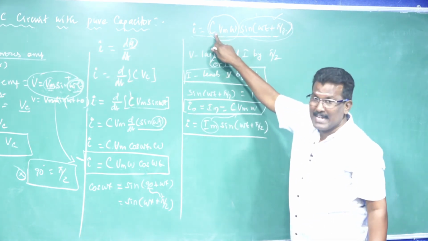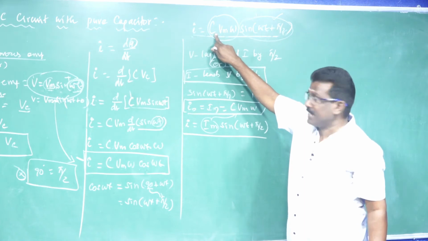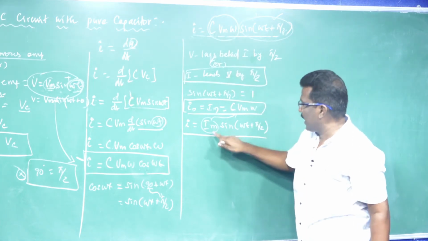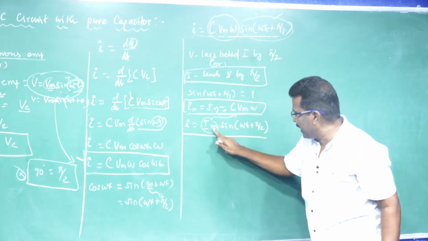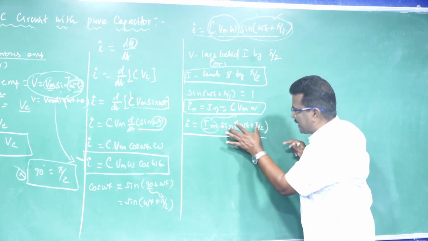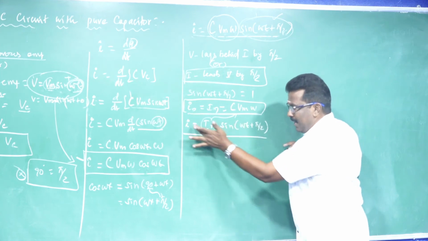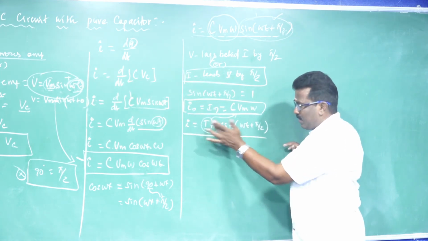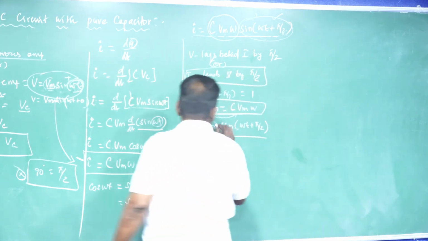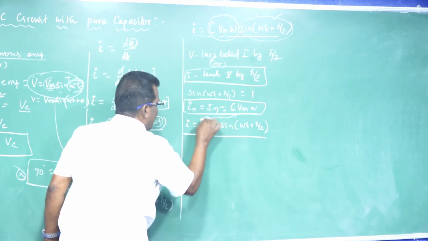So when the instantaneous current is maximum, C Vm omega is equal to Im. So I is equal to Im sin omega t. If this part is 0, instantaneous current is 0. If this part is 1, I is equal to Im.